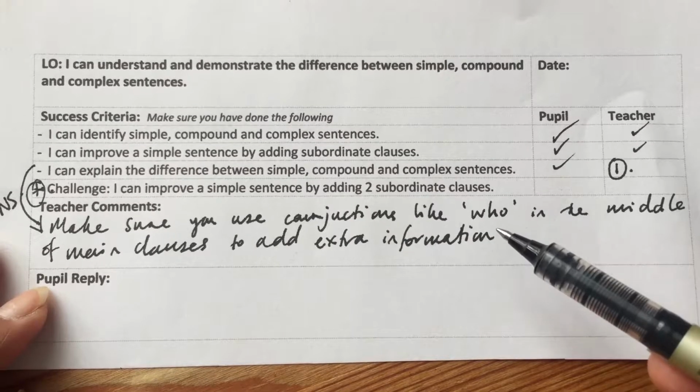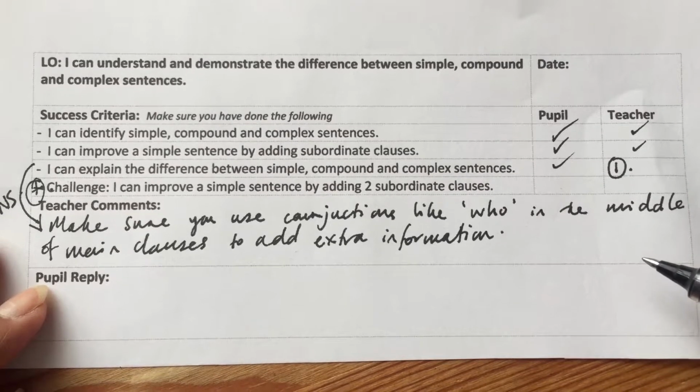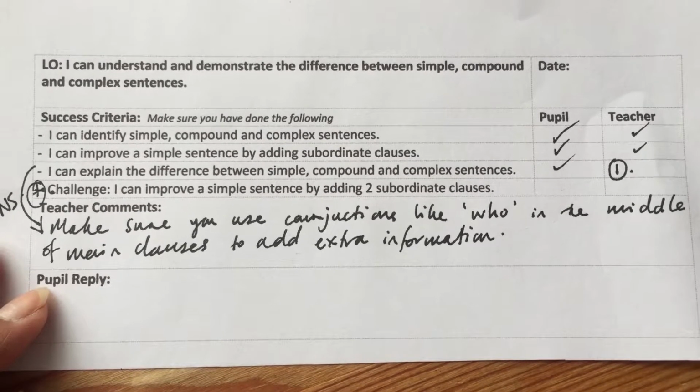That's so easily done. You could say, make sure you use who in the sentence. Who is a great conjunction, and you could be writing that 15 times when you're marking one set of 30. So this is a really great way of how success criteria can basically save you time in the long run when you're marking.